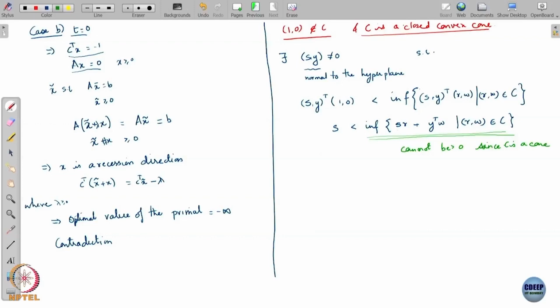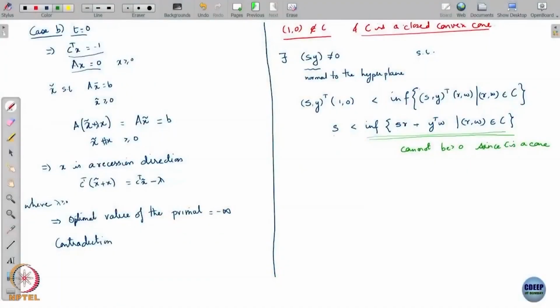Again, you can scale it in the opposite direction. You can magnify also. So, if an (r, w) gives me a value -1, I can take twice that and get -2, 10 times that and get -10, and so on, and I will not lose feasibility at all. So, I will remain in the cone. So, I can scale up and then go down to -infinity.